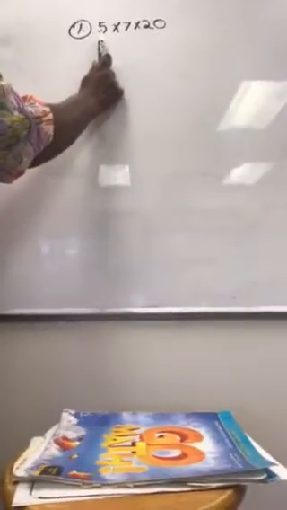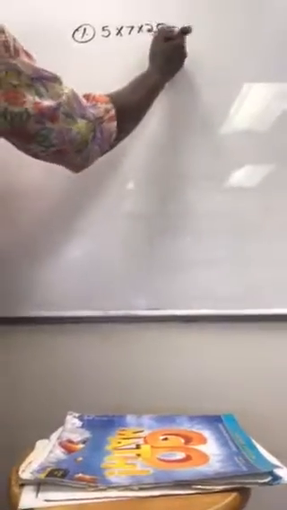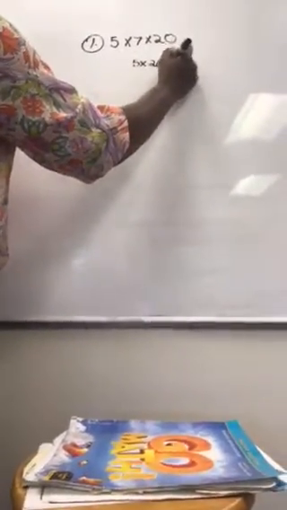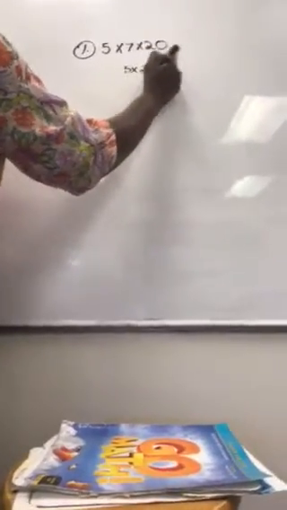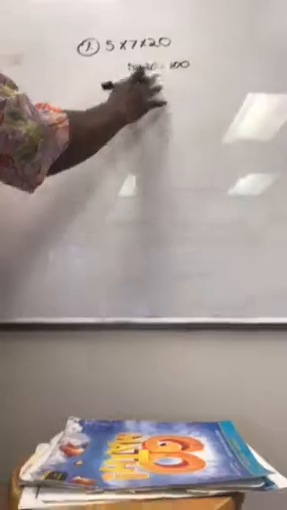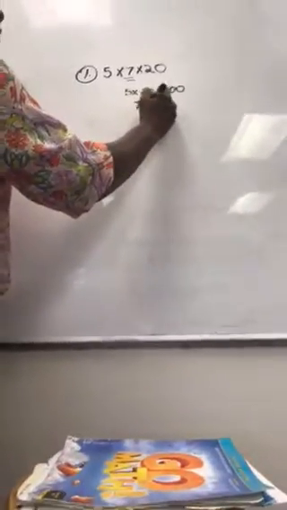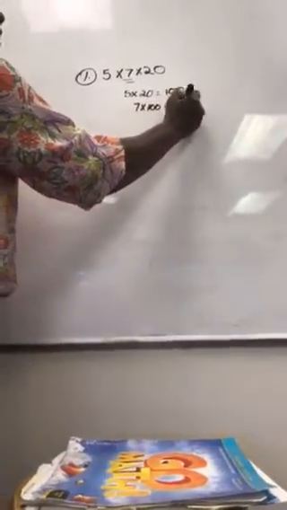As I take a look at this, I know that 5 times 2 is 10. So I'm going to bring my 10 down, and then I'll just drop my 0 next to it, and that gives me 100. Then it makes it really easy because the only thing I have left is my 7. So 7 times 100 equals 700.